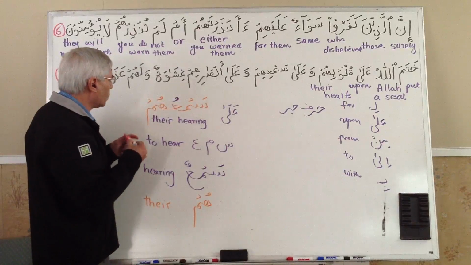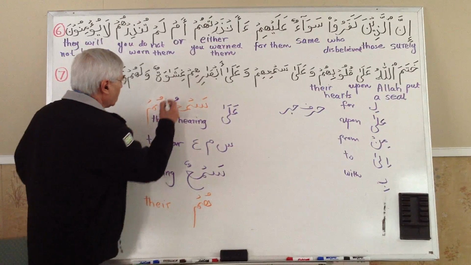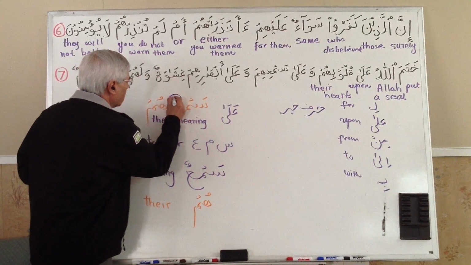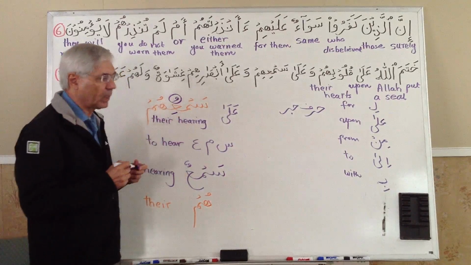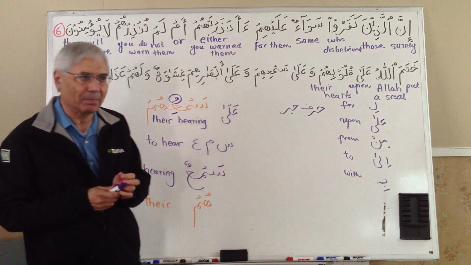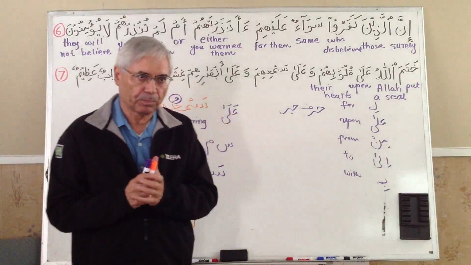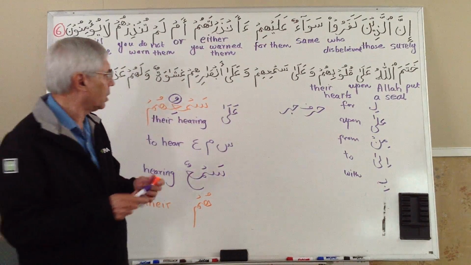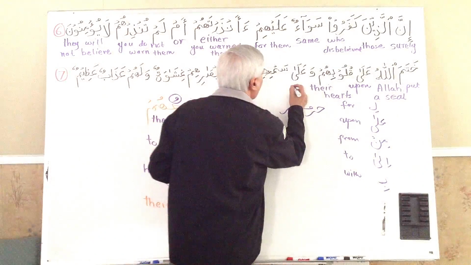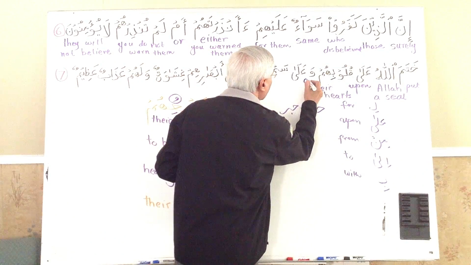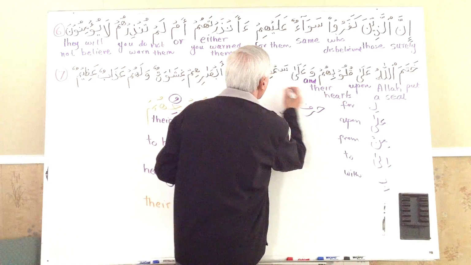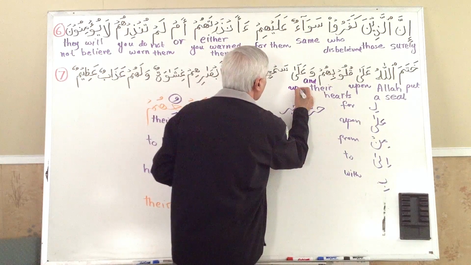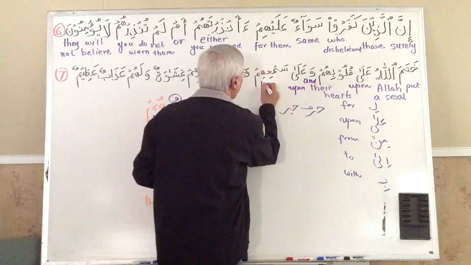So what will that do? It will change this dhamma to a kasra. So it will become sam'ihim. That's the word in the Quran. Upon their hearing. And wa means and. Wa ala sam'ihim, and upon their hearing.